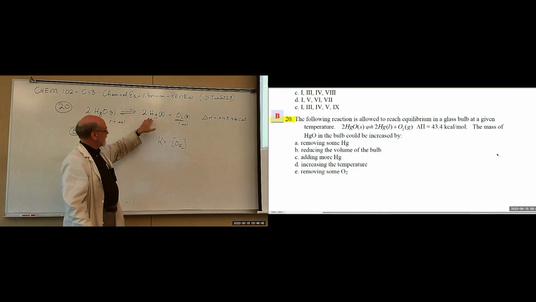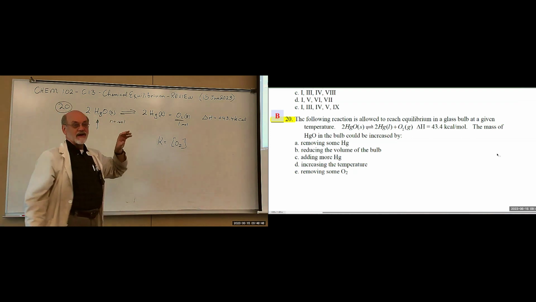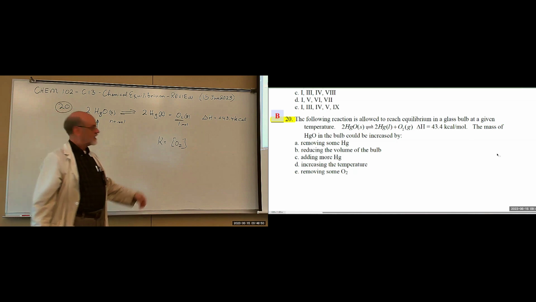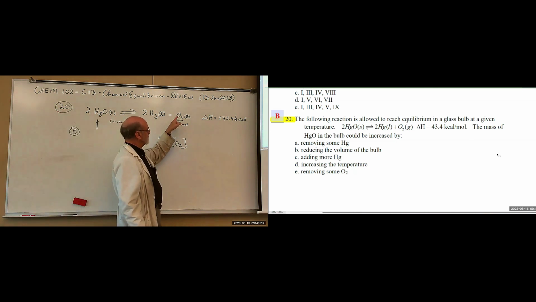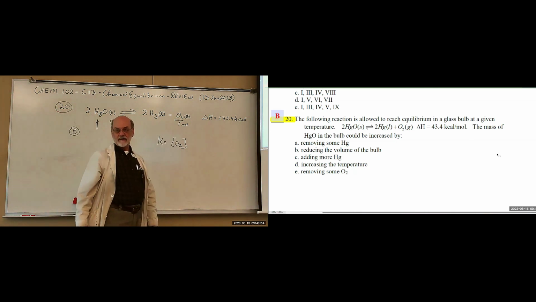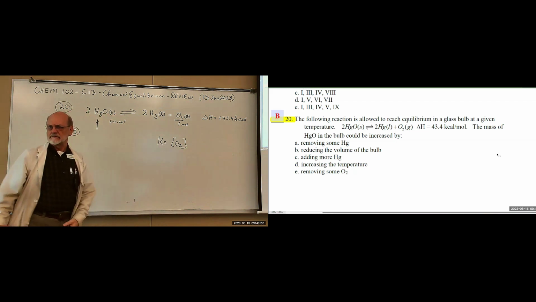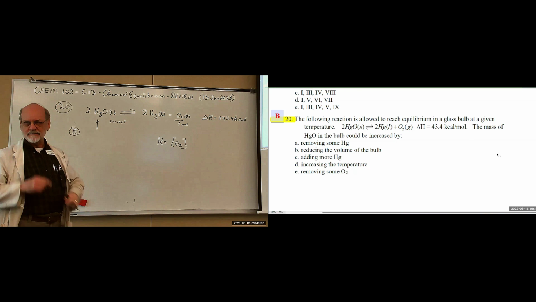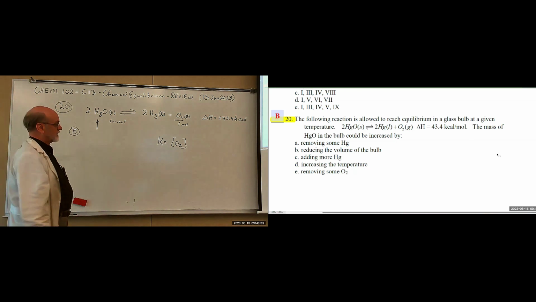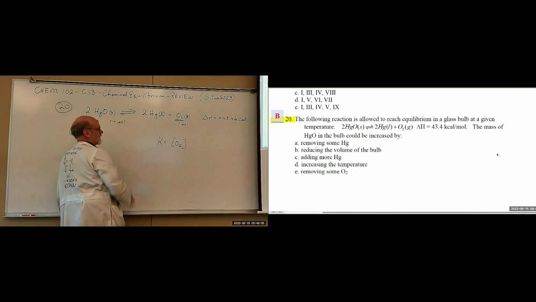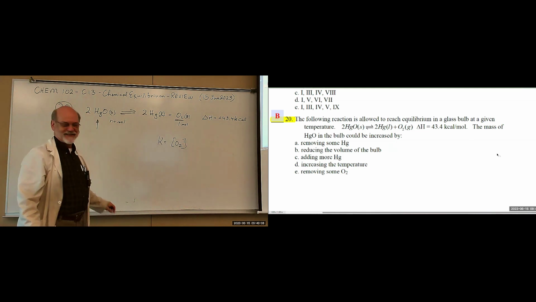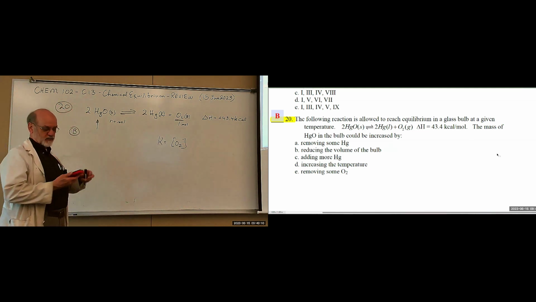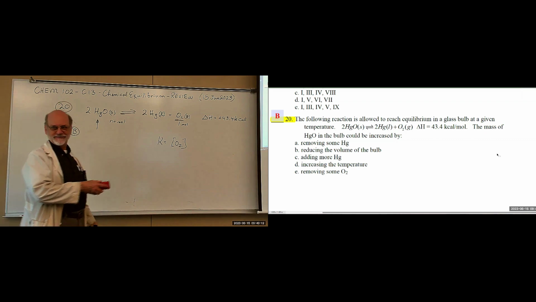So changing the amount of this one or changing the amount of that one has no effect on the equilibrium. You can only affect the equilibrium from that factor or from the temperature. Okay, I think that was the reason I picked this question. Because your instinct would be, sure, it would drive it back to the left. That's when you get the buzzer.